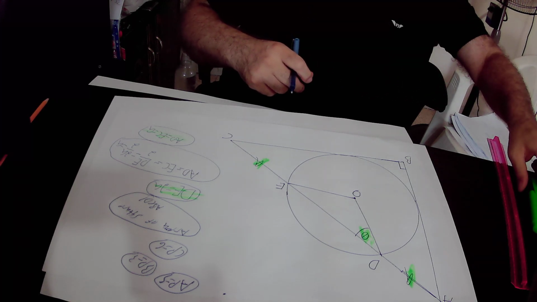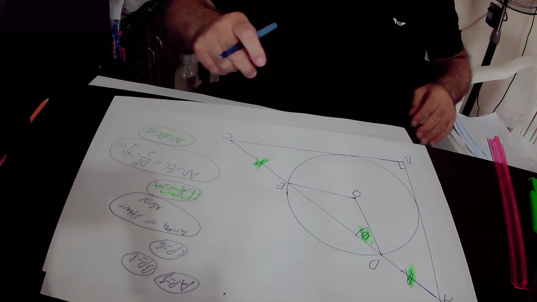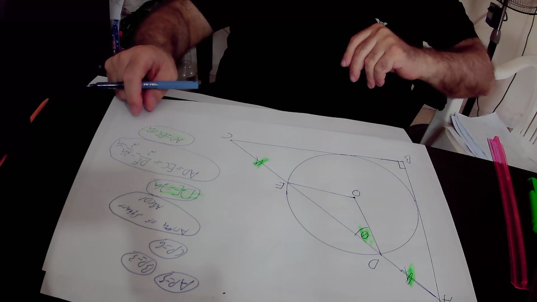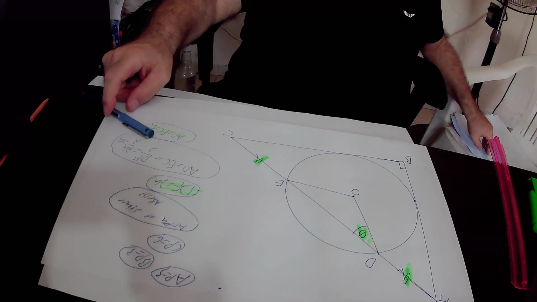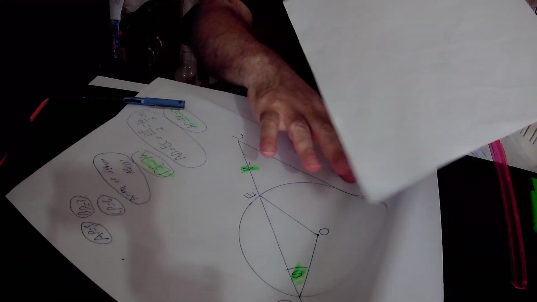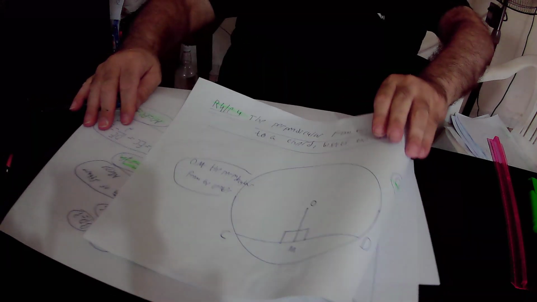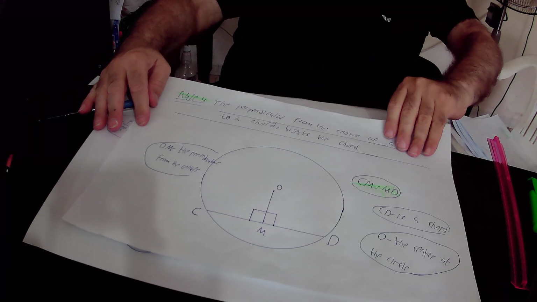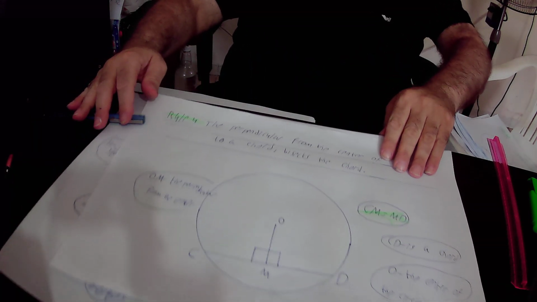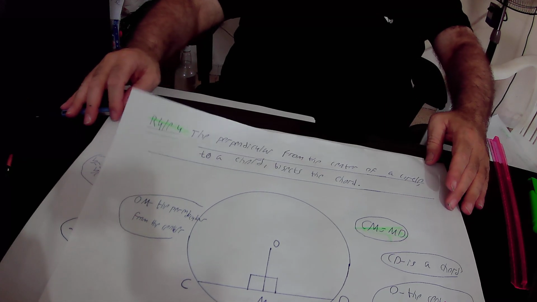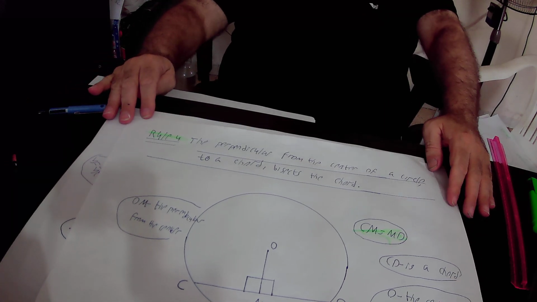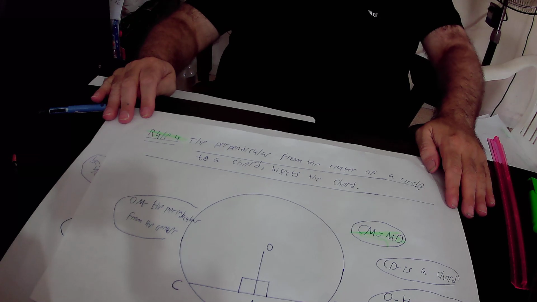In the next step, I'll present to you rule number 4, and we will implement rule number 4 in our drawing. According to rule number 4, the perpendicular from the center of a circle to a chord bisects the chord.